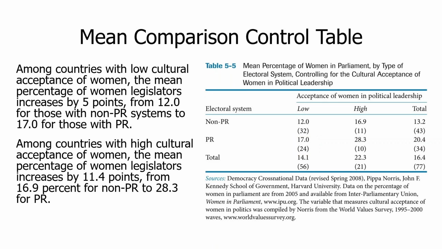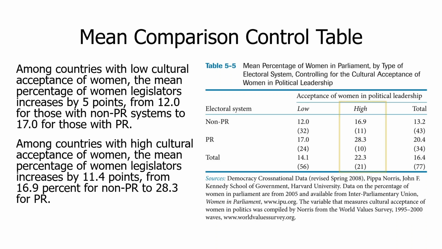Is there an effect in the hypothesized direction? There is indeed. So we would say, sure, something's going on there, even in countries with a low cultural acceptance of women. But let's switch on that amplifier again, if you will. And now we have these 21 countries in which there's high cultural acceptance of women in leadership positions. And let's first compare the effect of non-PR and PR.